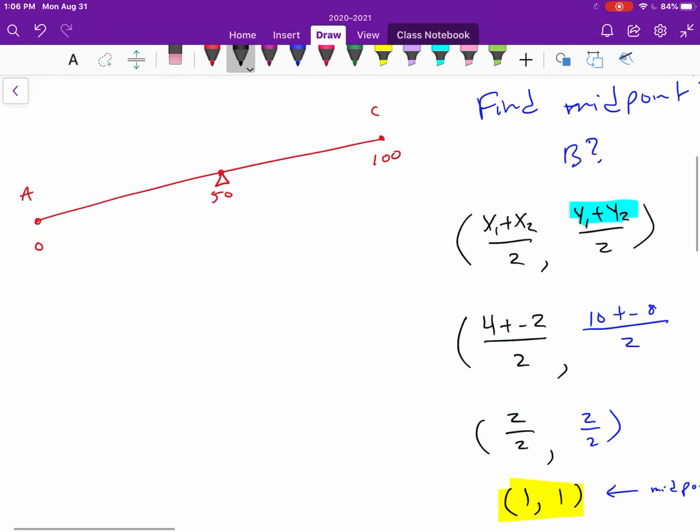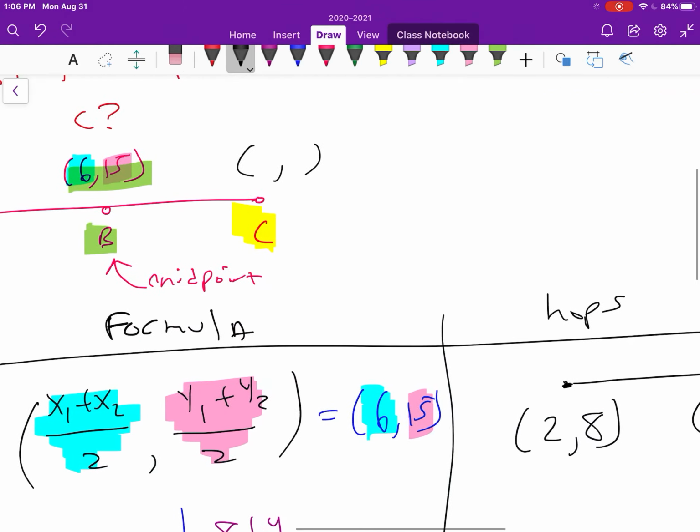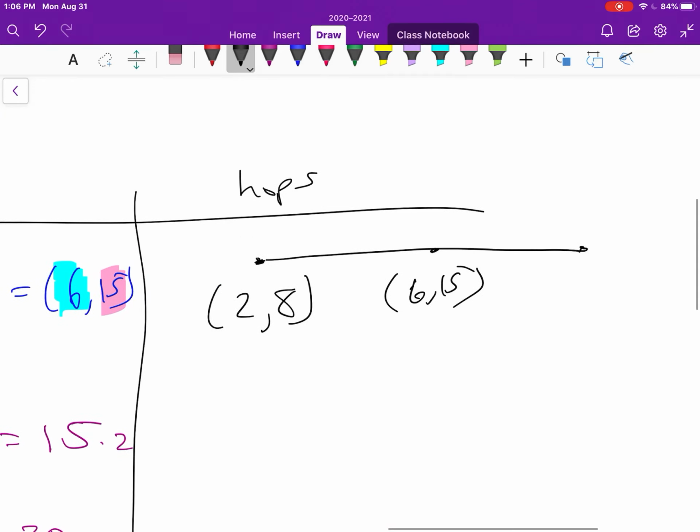So if I know from 0 to 50 is 50, how far is it from 50 to 100? Another 50, right? So if I'm going here, let's go ahead and jump. We're going from 2 to 6, and then let's jump again. And so when you jump, you're going plus 4, and this is going to be 10.